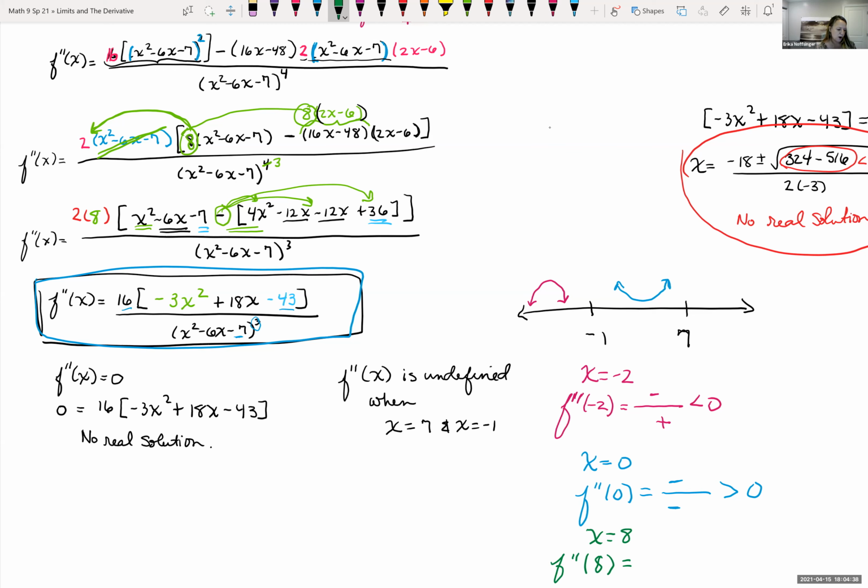That's -91 times 16. So that's going to be a negative in the numerator. And the denominator, if we plug in 8 squared, that's 64 minus 8 times 6, 48, minus 7. That's 9 cubed. And so that will be positive in the denominator. This is less than 0, so it's concave down.